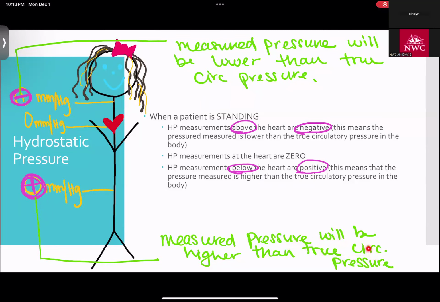Anybody who handles patients and requires routine pressure readings is aware of this. They know hydrostatic pressure is zero at the heart. It's going to be erroneously, don't forget the word erroneously, which means wrongfully, too high if measured below the level of the heart, and erroneously too low or negative if measured above the level of the heart.